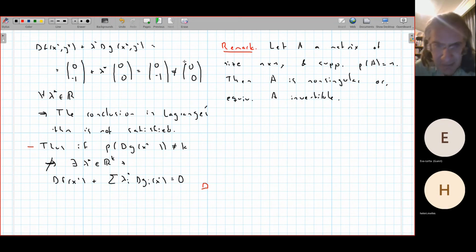Actually, this is a property, so this is an if and only if condition. A is invertible if and only if the rank of the matrix is equal to n.